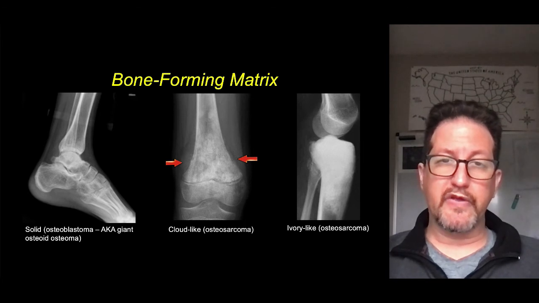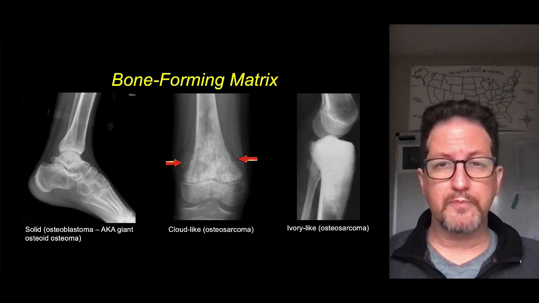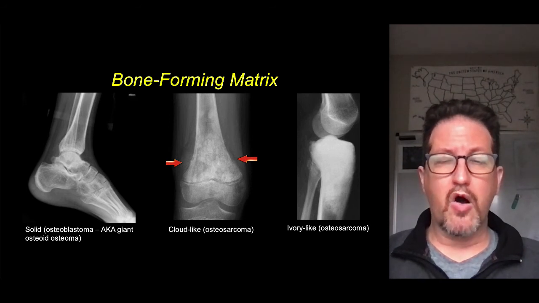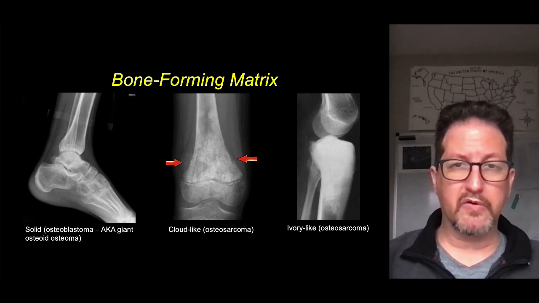And then the third one there, you can see it's another stage of osteosarcoma, a later stage where the osteoblasts are replacing increasing amounts of bone, and you get this really white appearance, and that is this ivory-like appearance.